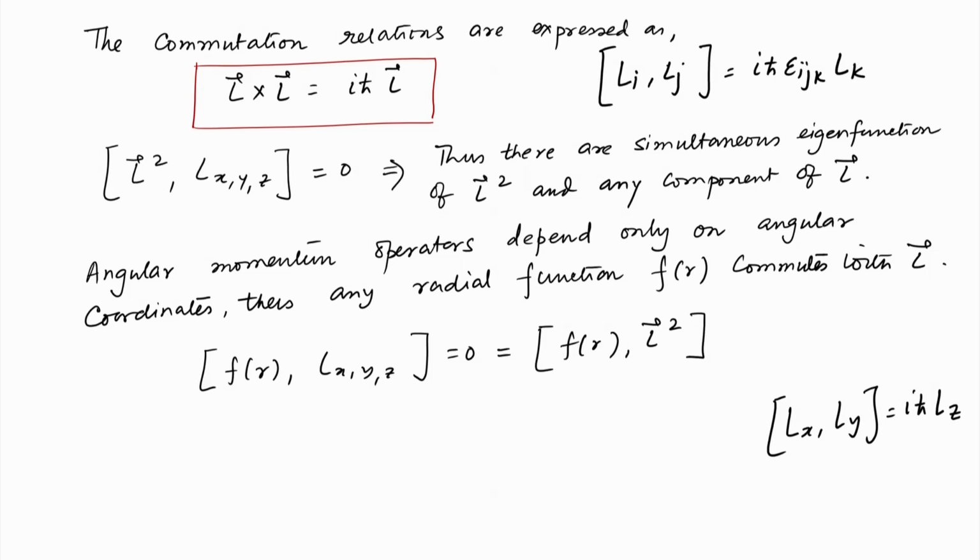So, any radial function f of r commutes with any component of L. So, f of r with Lx or Ly or Lz will give you 0, and the same holds for f of r commuting with L square. So, these are things that simplify discussion concerning the angular momentum.